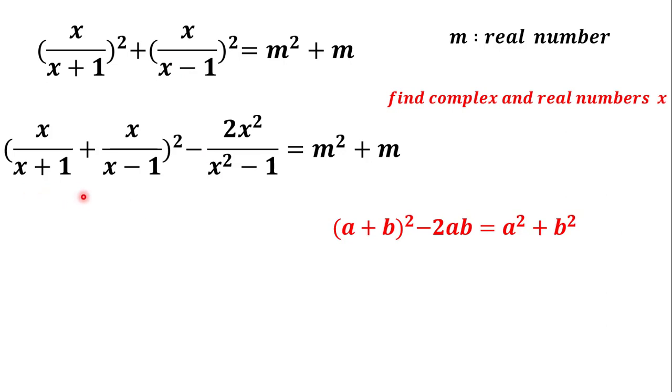To add these two fractions, we need to make a common denominator. So we need to multiply the numerator and the denominator of every fraction by the denominator of the other fraction.